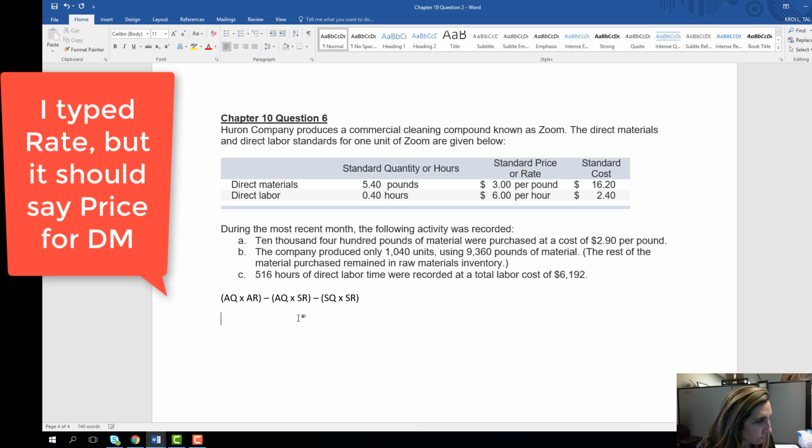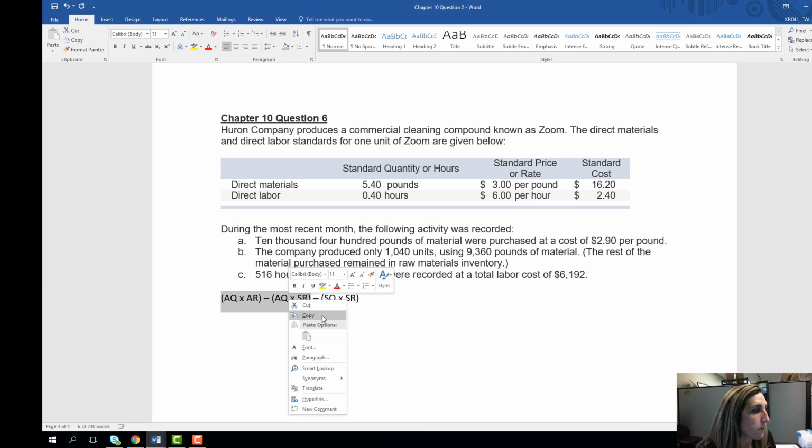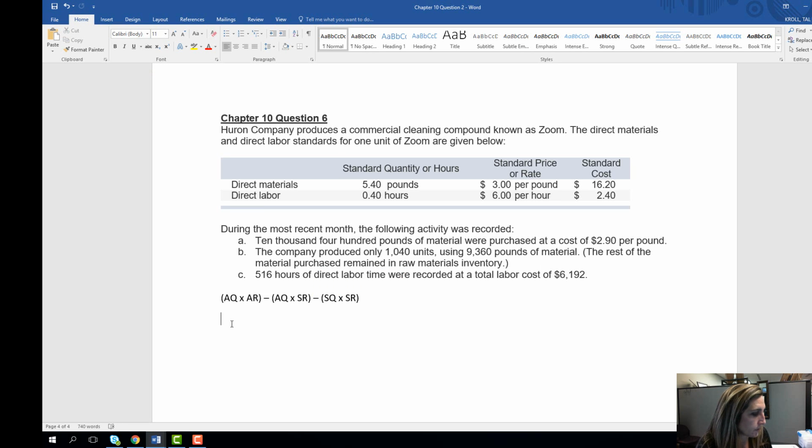So I'm just going to cut this first part of the formula and bring it down to the bottom, because we will use that to calculate your price variance. Okay, so the actual quantity is given in the problem, but when you're calculating a price variance, it must be based on the quantity purchased.